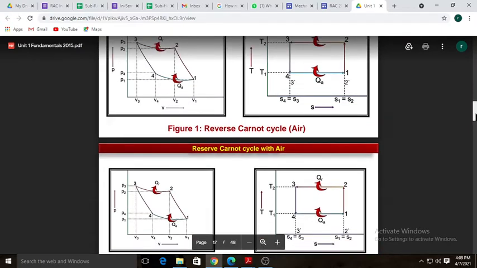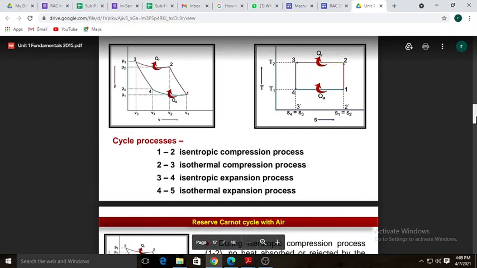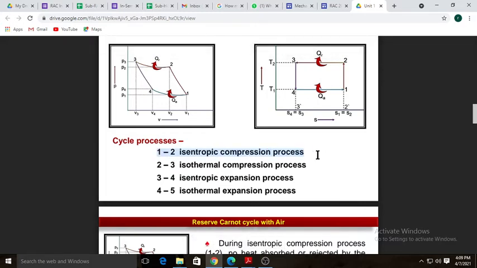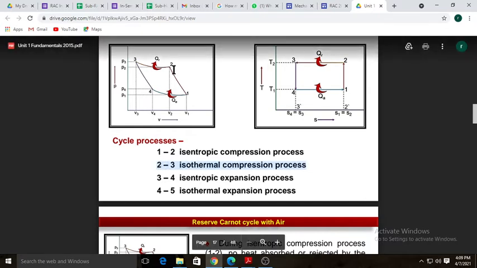Here it is clear. Process 1 to 2 is the isentropic compression process. Process 2 to 3 is the isothermal compression process, or the isothermal heat rejection process.